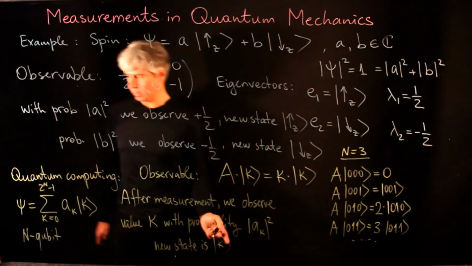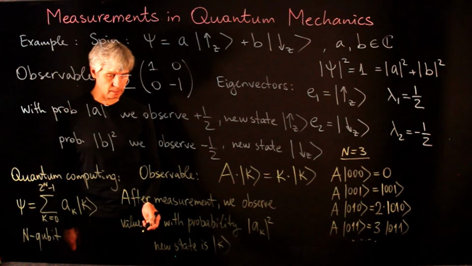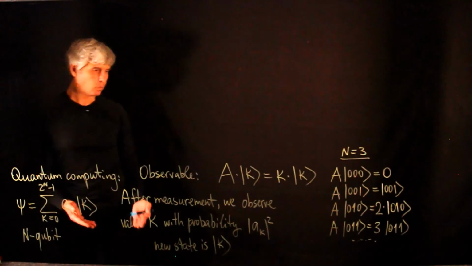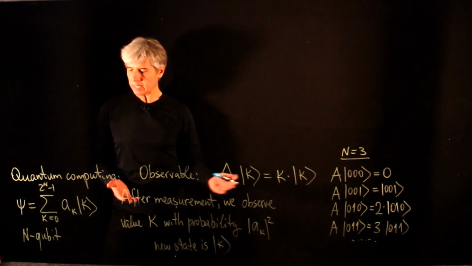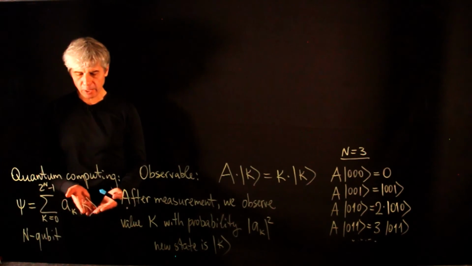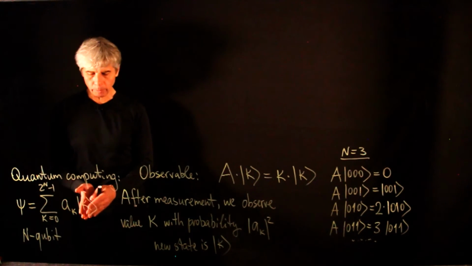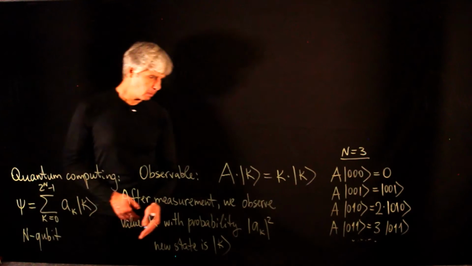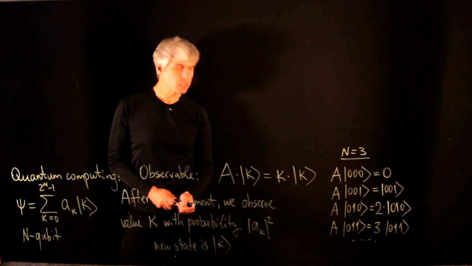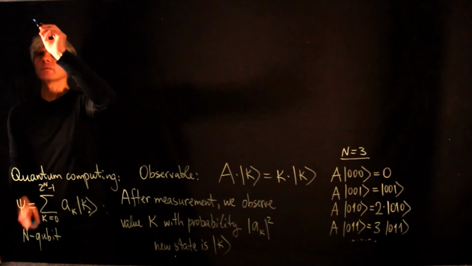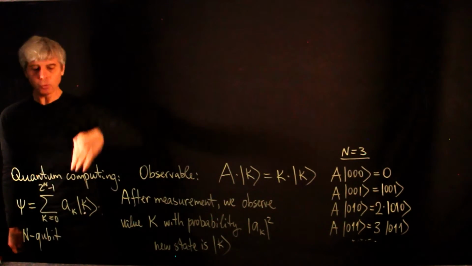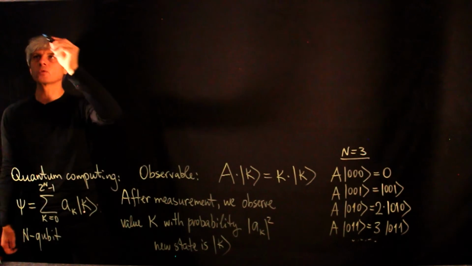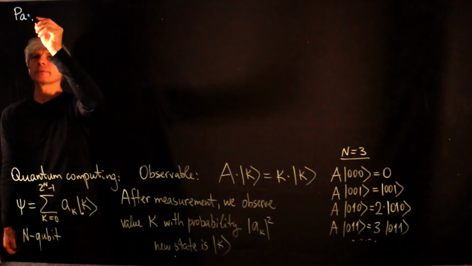So our system will collapse into this basis state. So what this measurement does is it effectively measures the values of all bits of this n qubit. Now, sometimes what we need to do is not the full measurement of the value of the qubit, but only a partial measurement.